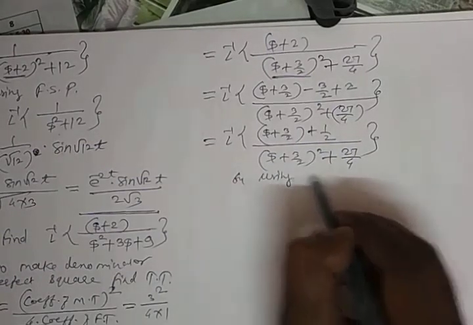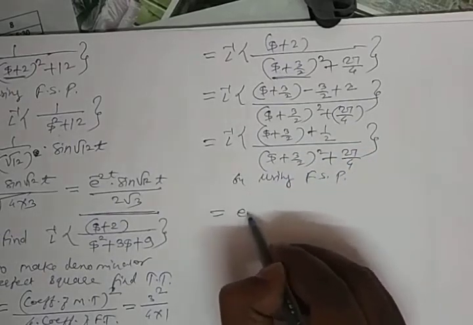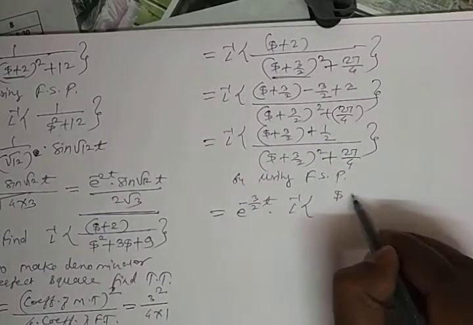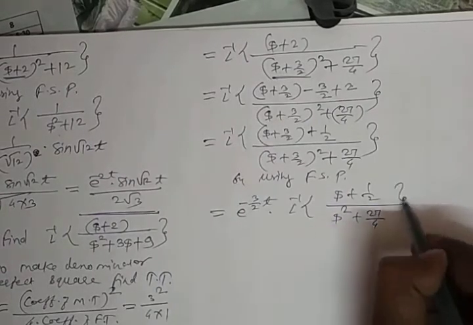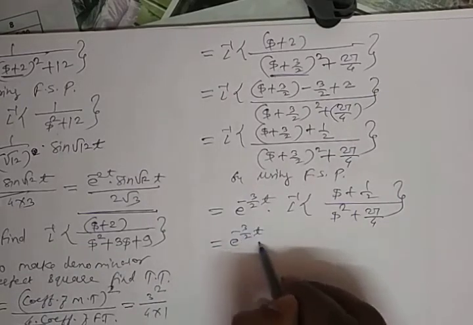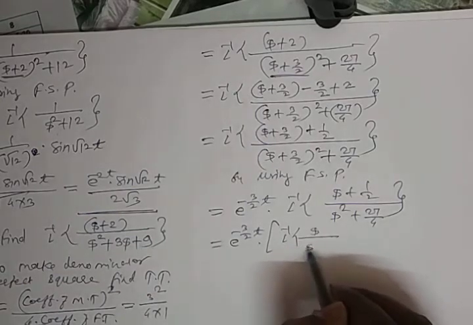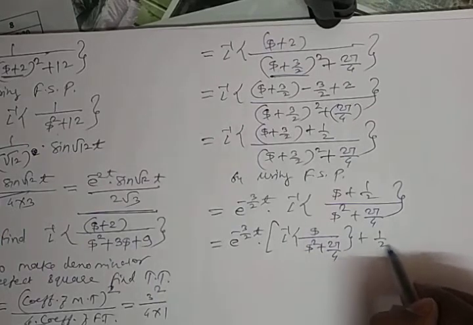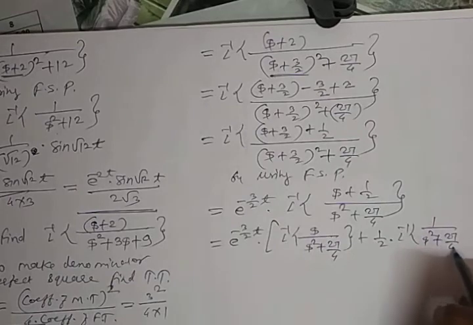So by using the first shifting property, this can be written as e raised to minus 3 by 2 t Laplace inverse of s plus 1 by 2 divided by s square plus 27 by 4. Now this is an example of type number 1. So e raised to minus 3 by 2 t, if you separate this, we get Laplace inverse of s upon s square plus 27 by 4 in the first bracket, plus this 1 by 2 can be taken outside, Laplace inverse of 1 upon s square plus 27 by 4.